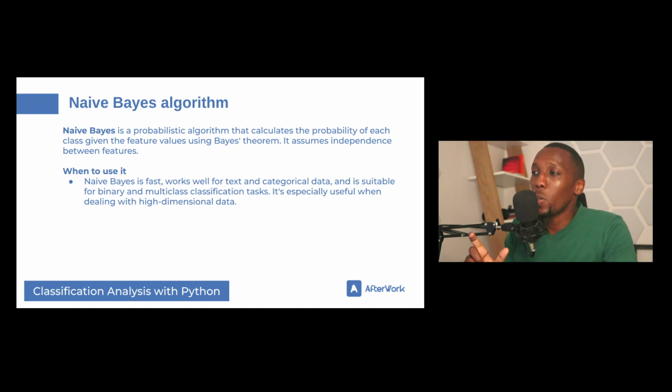So if you're going to use naive Bayes, you need to ensure that the independent variables you're working with do not have any sort of correlation amongst them. They don't have any relationship. And you can again check this with a pair plot or heat map in combination with the correlation values.